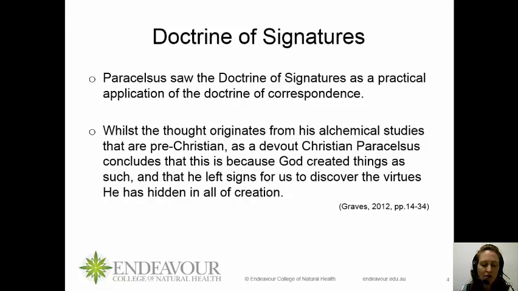So the doctrine of signatures was not looking superficially for resemblance, but looking for something that operated on the level of essence. And we're going to explore this idea as we move through this course.